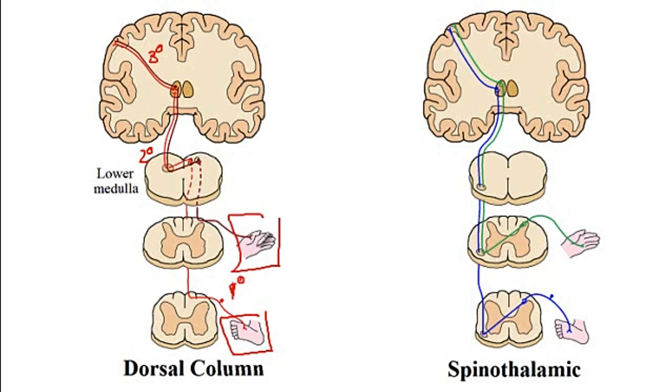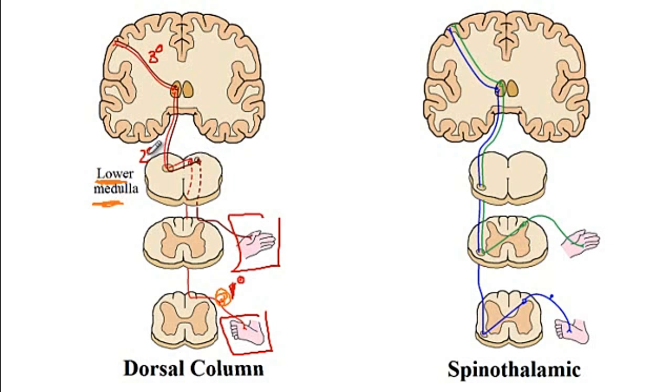So now let me explain the path of these nerves again. So the primary nerves will start from the tissue. They have the dorsal root ganglion here. They will keep on going until they hit the lower medulla, and they would synapse into either the cuneate or gracile nucleus.